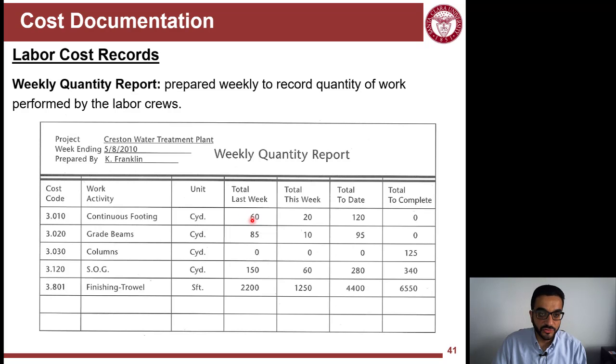So 60 hours is, of course, not one laborer, because we only officially have regular time of 40 hours a week. So this is a way to track the quantities of work. Oh, and sorry, that's not hours, that's cubic yards. So I'm not tracking hours here, sorry. So that's cubic yards. They did 60 cubic yards last week, and this week they did 20 cubic yards, and the total to date is 120. And the total remaining is 0. This means that this activity is completed.